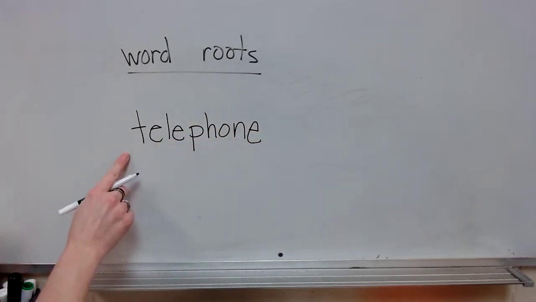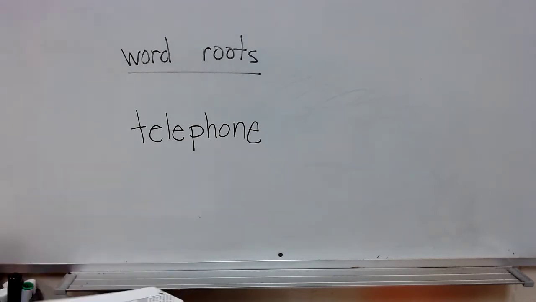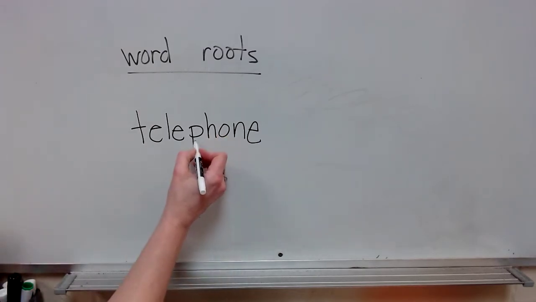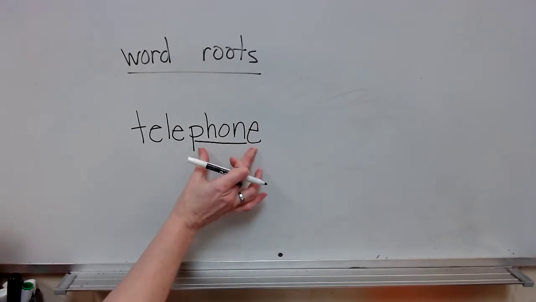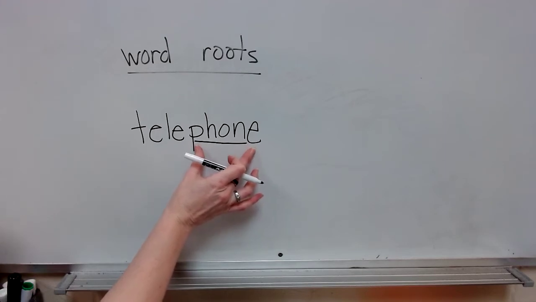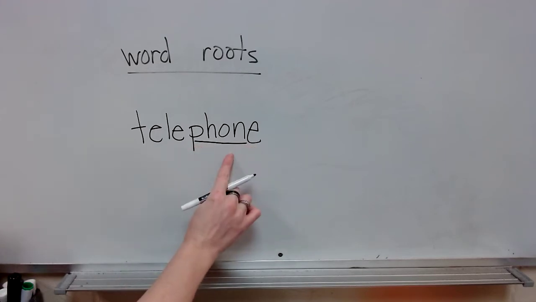I know that you know what this word is, but let's pretend that you weren't sure. By knowing the meaning of the two roots, you can figure out the meaning of the word. For example, I see that this looks very much like phone. And that word root phone, I remember, means sound.